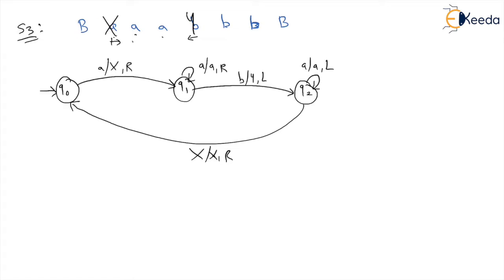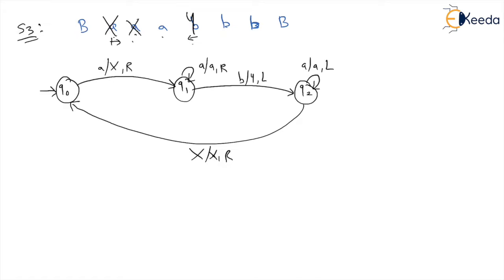Again you will be getting the first a, and now you can see that this diagram can be reused by us. I am in state Q0, input symbol is a, make it as x and move to the right. I am in Q1, input symbol is a, keep it as a and move to the right, and now I get y for the first time.